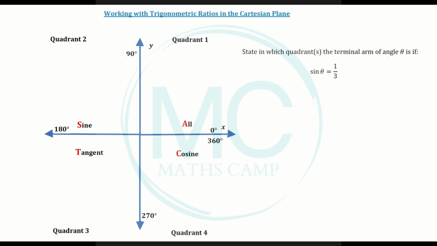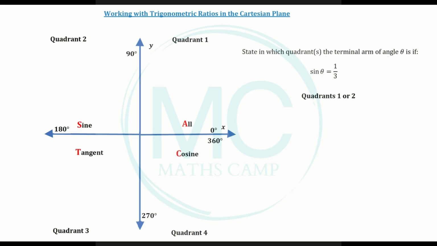All we need to do is determine if sine theta is positive or negative. Sine theta is equal to 1/3, so sine theta is positive. All ratios are positive in quadrant 1, so sine theta is positive in quadrant 1. And from CAST, we can see sine theta is also positive in quadrant 2.